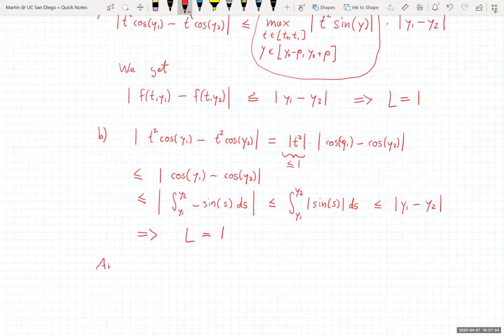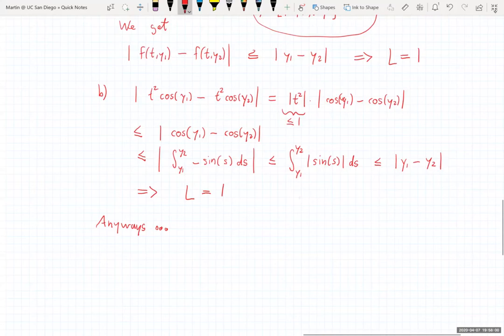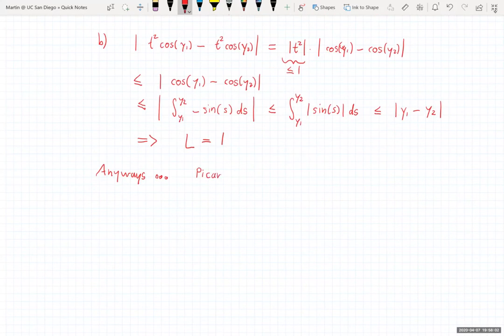Now, anyways, no matter how we establish this inequality, the Picard-Lindelöf theorem applies.